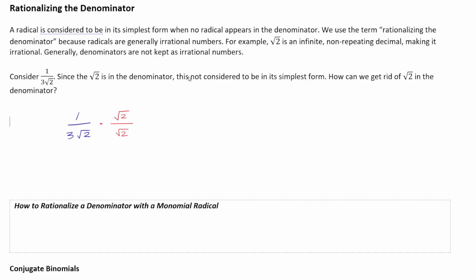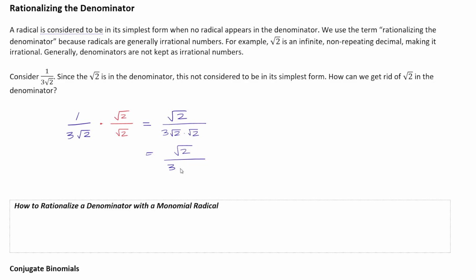I'm not changing the value of the fraction. Then 1 times root 2 gives me root 2 in the numerator. And the denominator would be 3 root 2 times root 2.